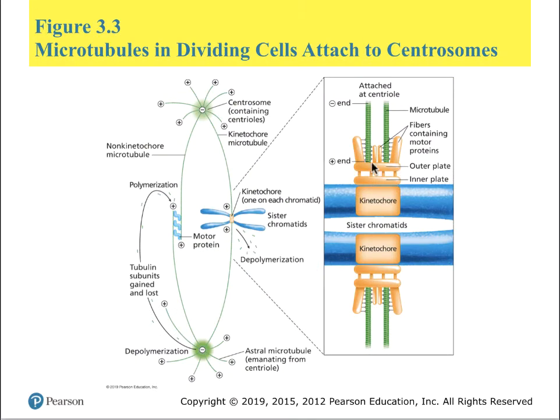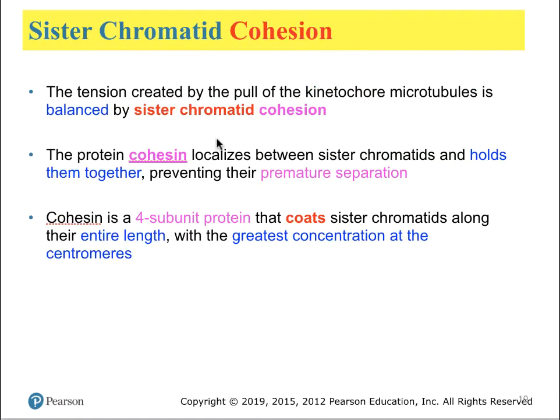cell. One may ask, if sister chromatids are being pulled in opposite directions, why don't they separate? The answer is that they are attached to each other using a molecular adhesive, which in this case is a protein. And the name of that protein is cohesin. So sister chromatids are held together by cohesin, which resists the tension created by the pull of the kinetochore microtubules.